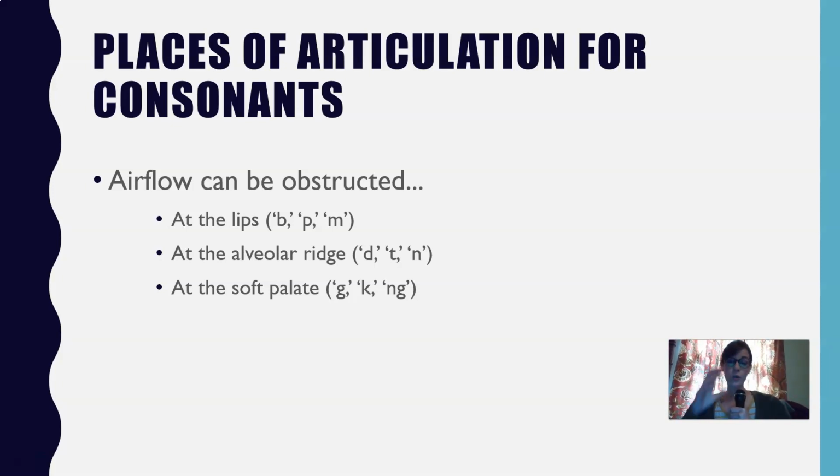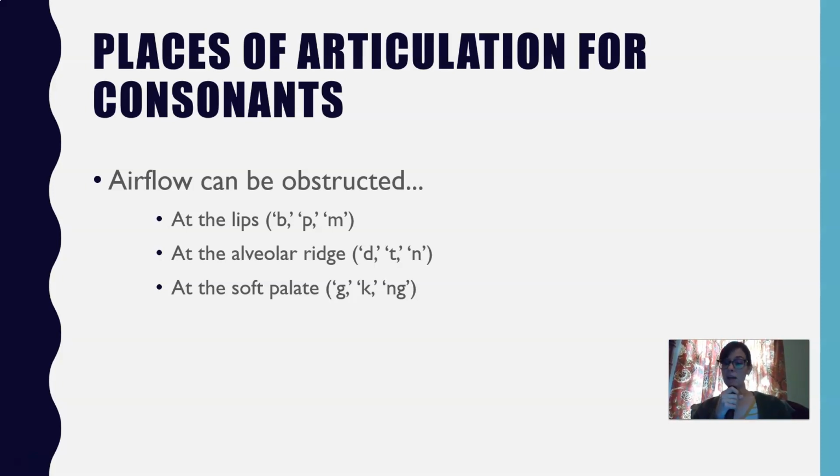Now, these are certainly not all of the places that these can be articulated, but I want you to pay attention to these different sounds. These are just some of the ways that we can articulate them. So sounds can be articulated at the lips where airflow is obstructed. So we can do a B, so you can kind of feel B. You can see how my lips close together, B, and then push out.